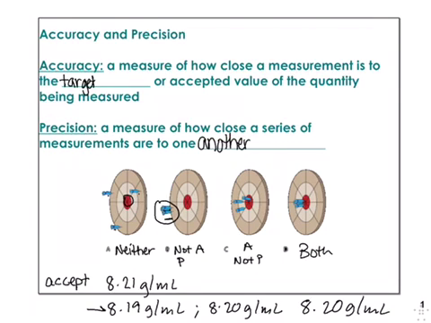So looking at these 3 numbers, are all 3 of them close to one another? Yep, so since all 3 are close to one another, they are definitely precise. And then are they all relatively close to the target number here? Yes, so then they'd also be accurate. Does that make sense? How we can look at it in terms of numbers, not just a bullseye? Okay, good.